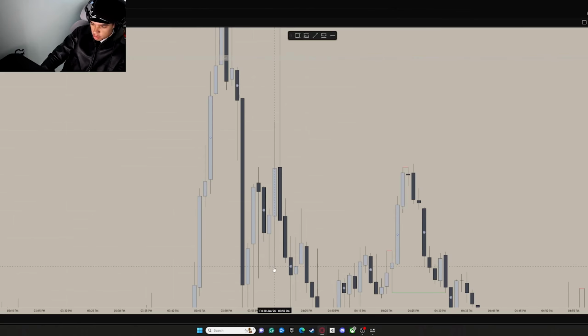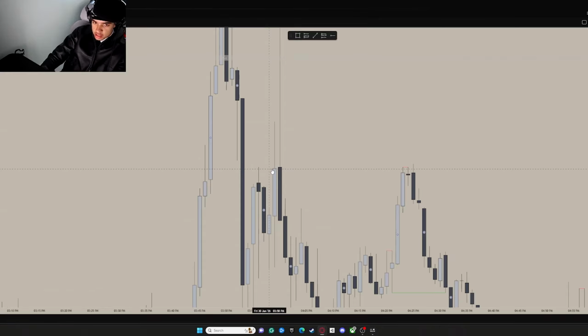Same thing, went all the way down to that wick, and then went all the way up here, and then went down. You see? So these wicks just mean how far that candle went, but then where it closed was right here.